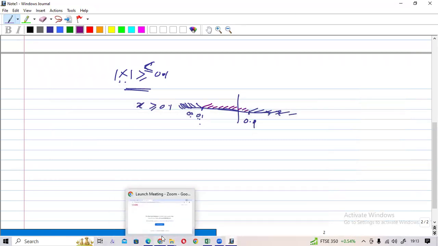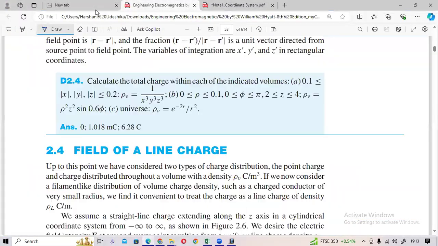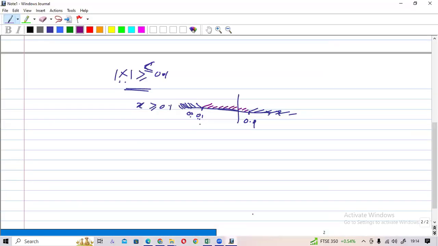So here it is mentioned, okay, this point 2 is also there, no? If the point 2 is there, what happens?